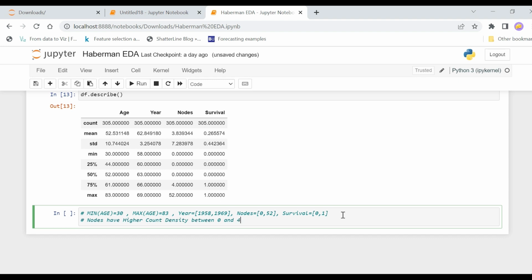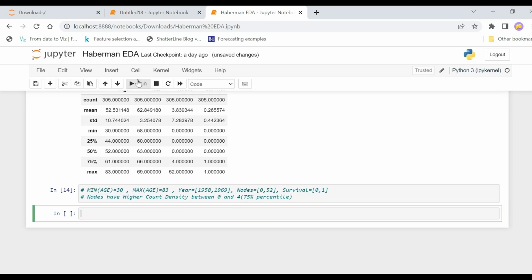So I can take 4 as the 75th percentile. So from here, we are now slowly getting some ideas about what is happening from the data description.